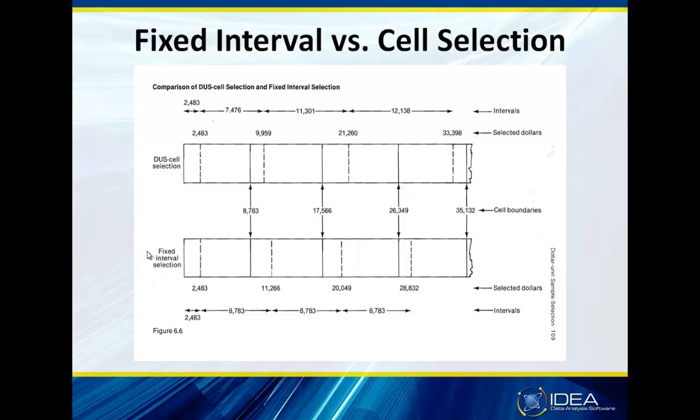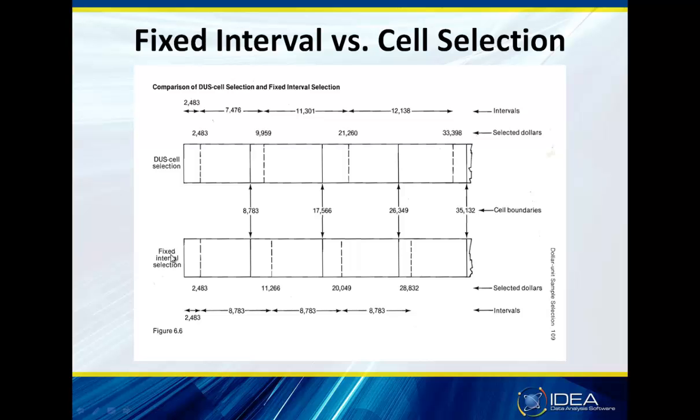Sometimes if the data is systematically laid out, then it may be better to use cell selection. If on the other hand there's pretty much a random scattering of the dollars, in terms of their invoices, and there's no structural ordering to them, then fixed interval selection would probably be more recommended.